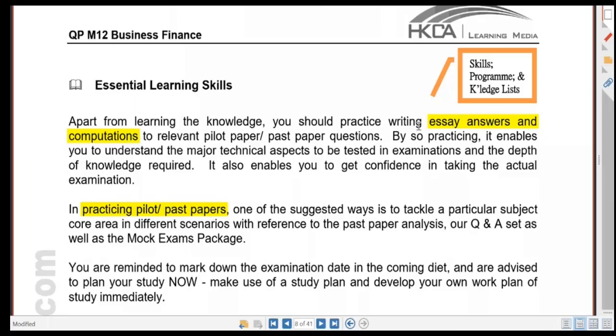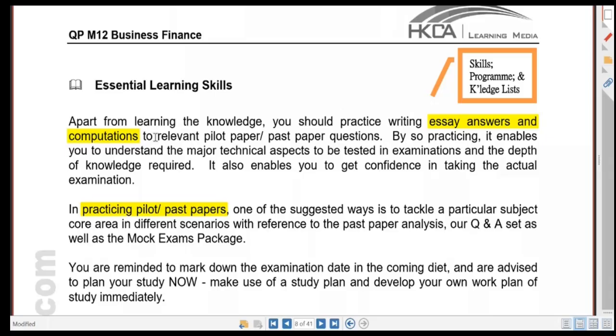For finance, computation is important, because through the calculation you are able to understand more of the finance knowledge, and only then can you write it out. In the exam, the breakdown will be roughly 40%, 60%. Sometimes it's 50-50, sometimes 60%, 40%. But overall, through the year, it is about 40-60.